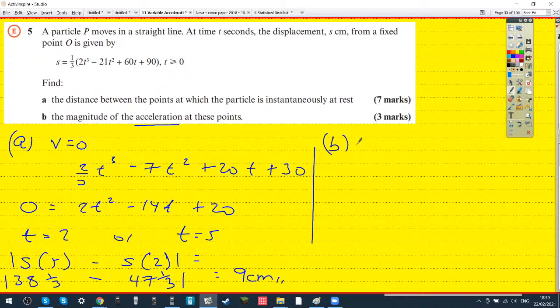So that'll be 40 minus 14. And so now, am I subbing in both of those t values or something? Yep, and so that will be.